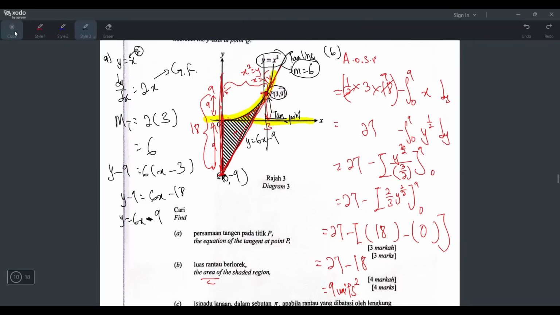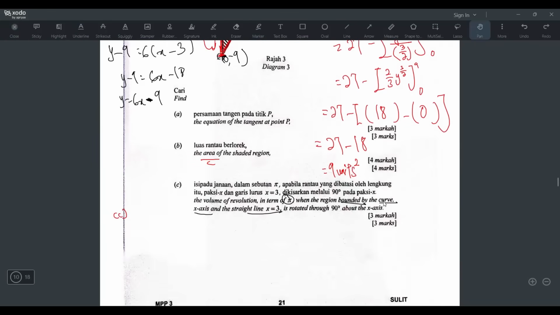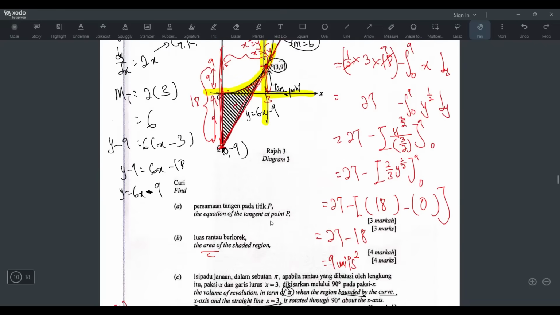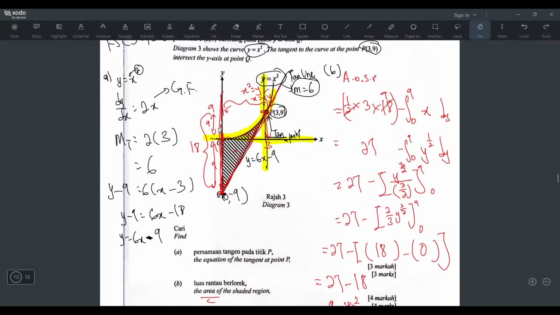This line is x equals 3, right? So let me highlight this like that. Any more lines? So where is the region bounded by these three yellow lines? It will be here, right? Yeah. So this is the region I'm trying to find the volume for.